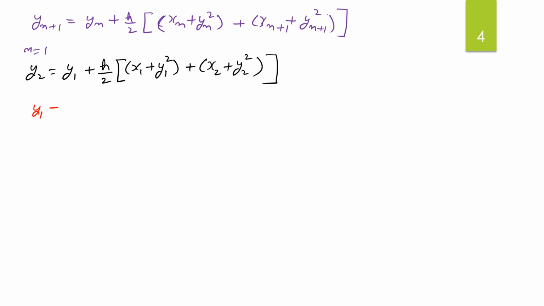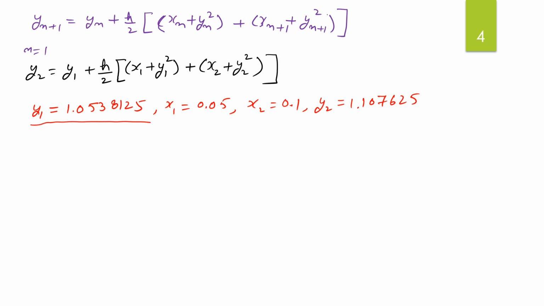y1 is 1.0538125, x1 is 0.05, x2 is 0.1, and y2 from the Euler formula previously calculated is 1.10765.